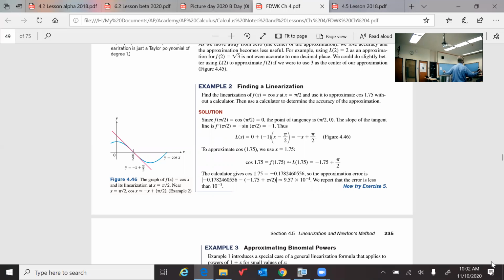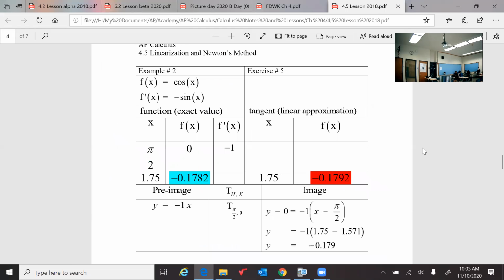So you don't have a calculator. You can't type into your phone screen cosine of 1.75 radians. You want an estimated value. Okay. So to do that problem, we would say, here's the parent graph, the cosine. The derivative is negative sine.